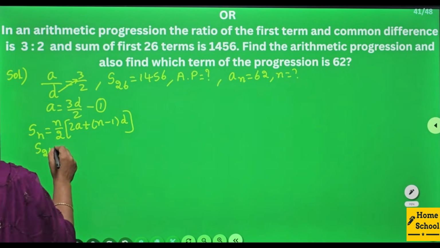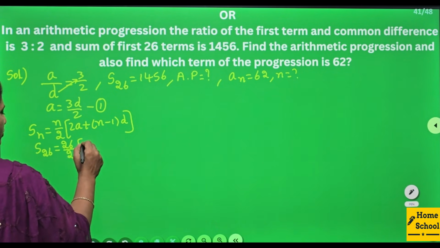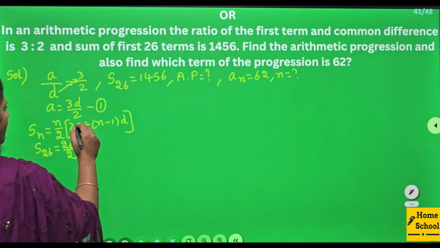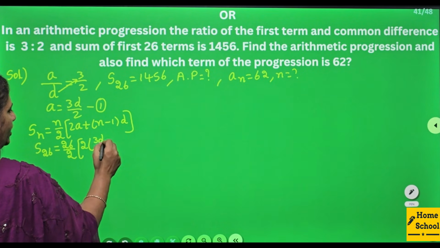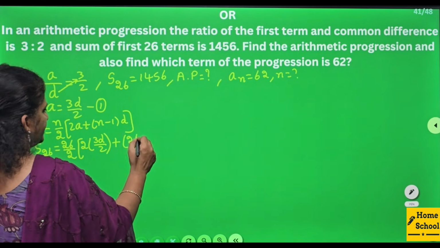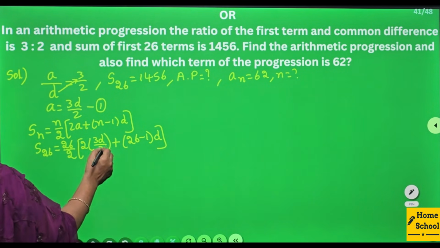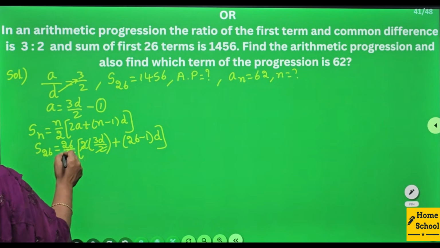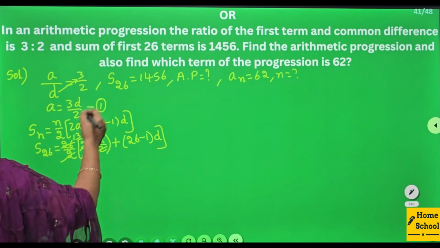Okay, don't be confused here. 26 by 2 into 2 into a value we don't know, here something there, what is that? 3d by 2, that only you need to write, plus n value 26 minus 1 into d as it is, you write. This 2 cancel. 2 13s are 26.